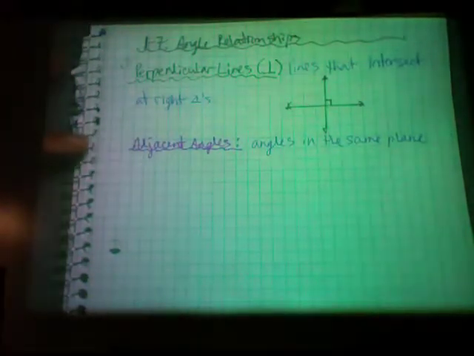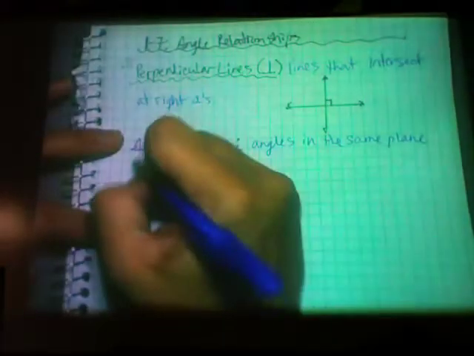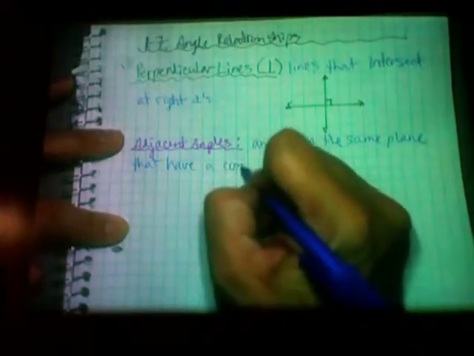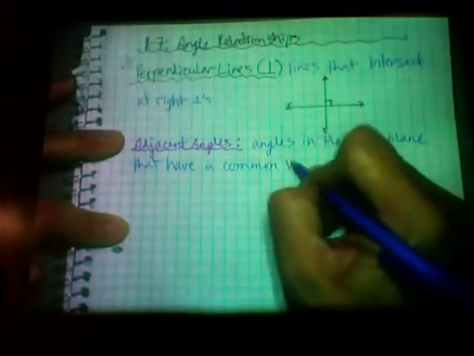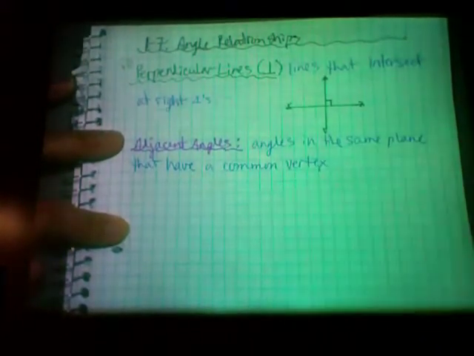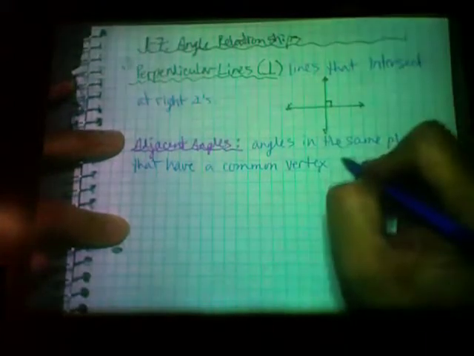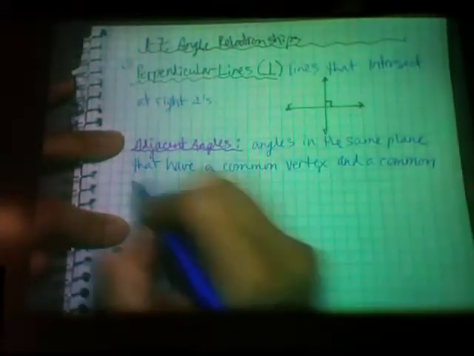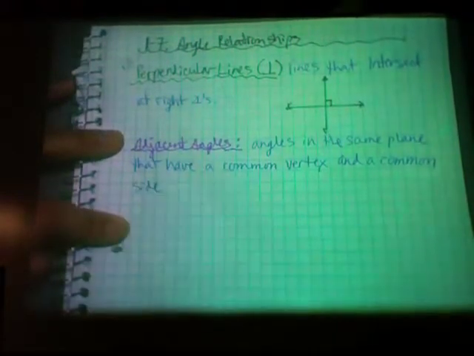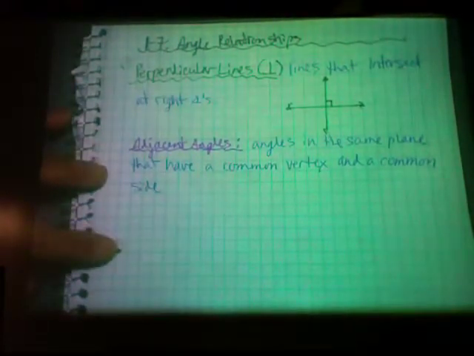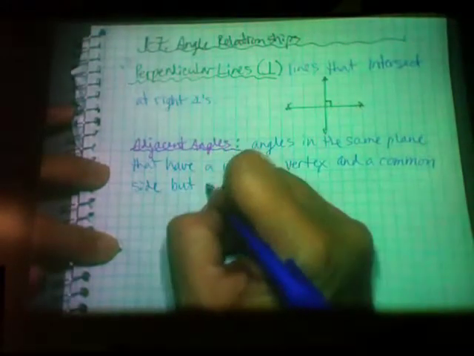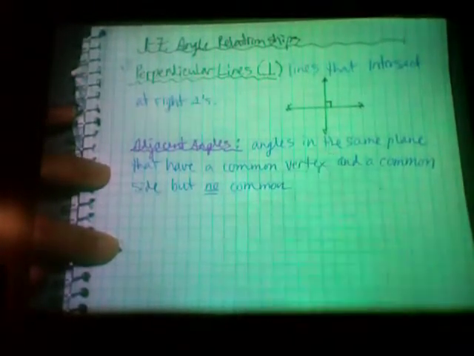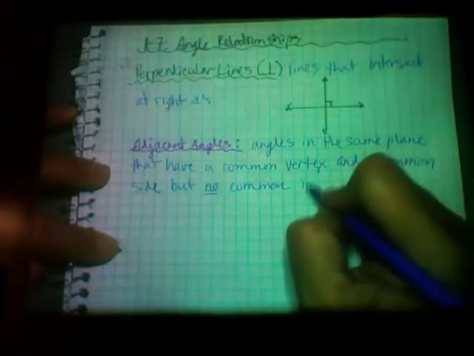So angles in the same plane that have a common vertex and a common side but no common interior points.